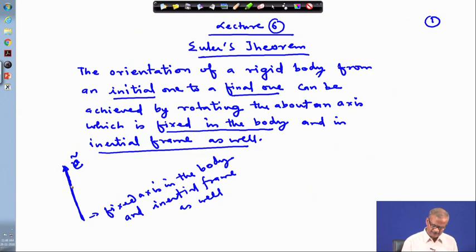If I give rotation and this is my body, let us make it three-dimensional, something like this. If we rotate this body, say there is a vector going from this place to this place. This vector is the E vector, fixed in the body and also in the inertial space, and this is a vector pointing to any particle in this body.